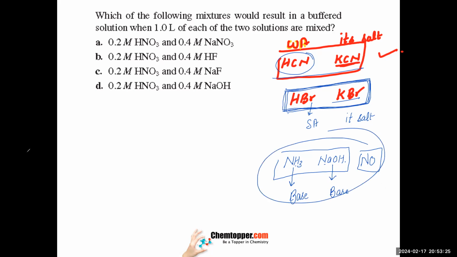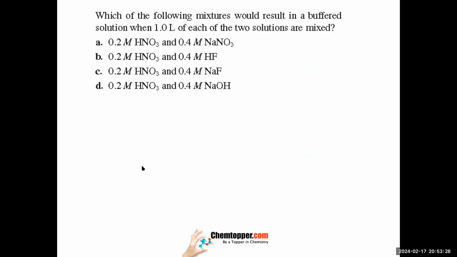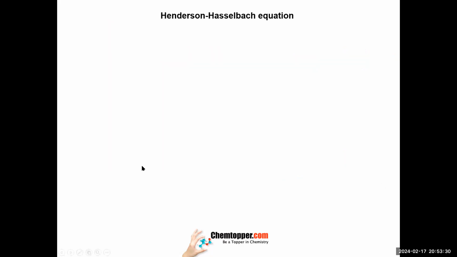So that's the identification. Now the next thing is how to calculate the pH of a buffer. They say there will be no question in which they ask you to calculate the pH of a buffer after adding something.